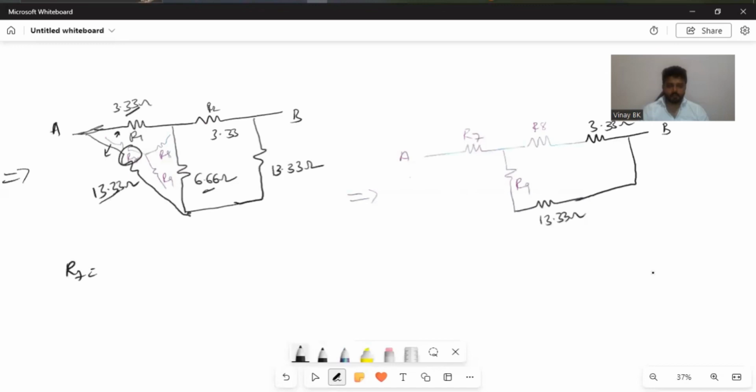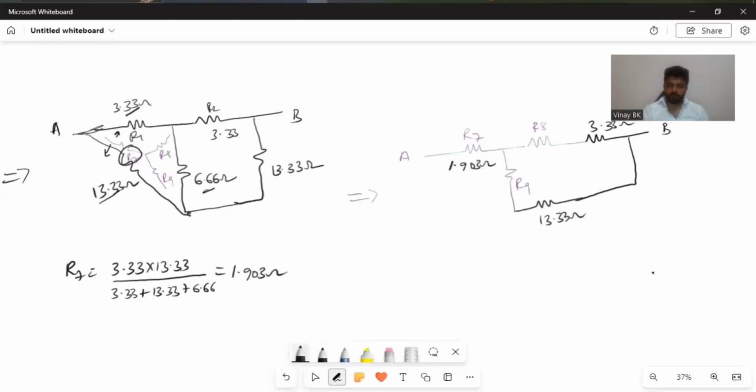You can get 3.33 into 13.33 divided by 3.33 plus 13.33 plus 6.66. You get 1.903. That is R7.